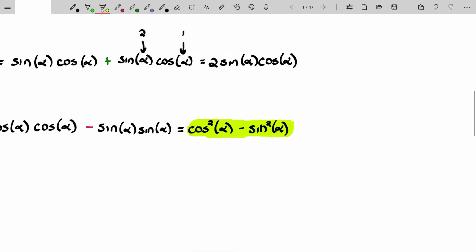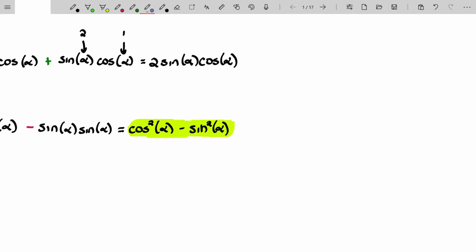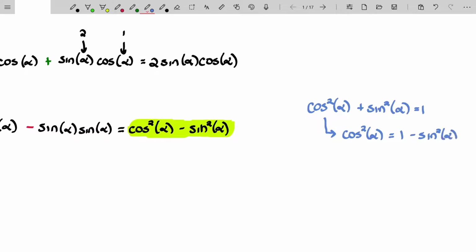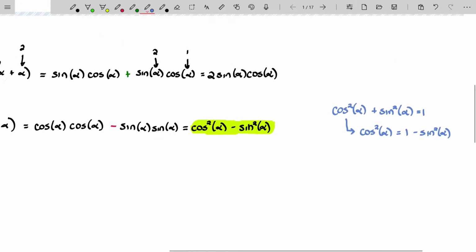But speaking of that identity, I'm going to go ahead and write it off to the side. We know that cosine squared of alpha plus sine squared of alpha, well, that's 1, which lets us know that we could technically solve for the cosine squared of alpha by subtracting sine squared of alpha from both sides. So everywhere I see in this picture right here a cosine squared of alpha, I could trade it out for a 1 minus sine squared of alpha.